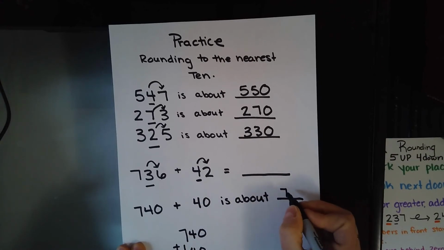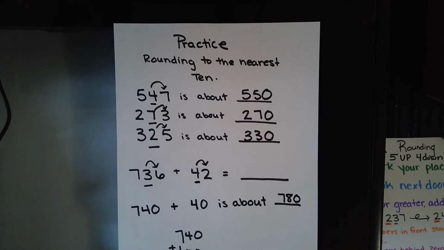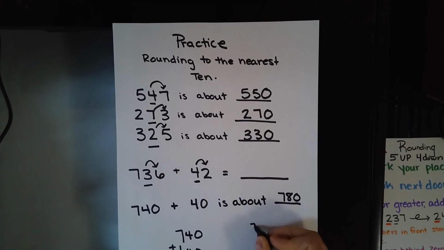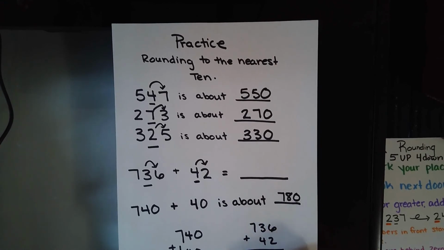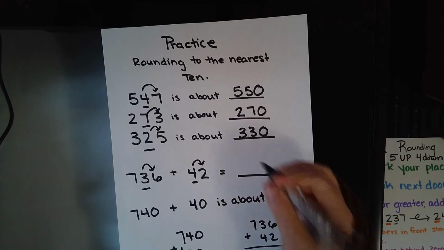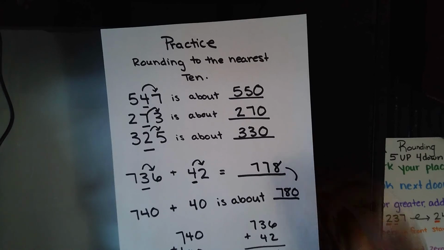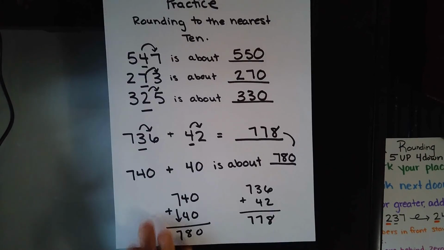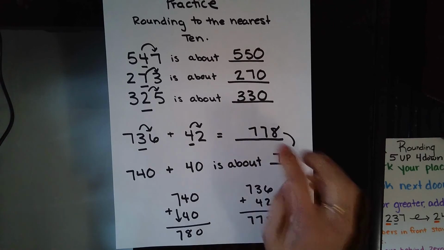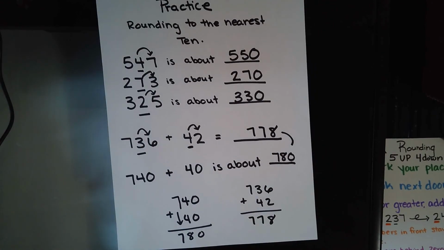So 740 adding 40 is about 780, and that would make sense because if I did my full check of 736 add 42, it's going to be 778. When you see how close those are, that is what makes sense. When you round, it should be about that number.